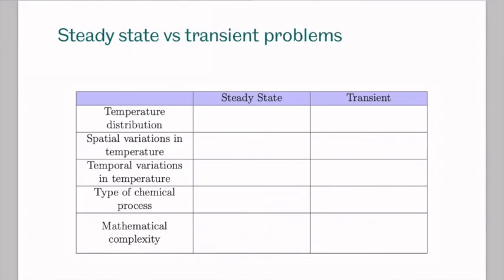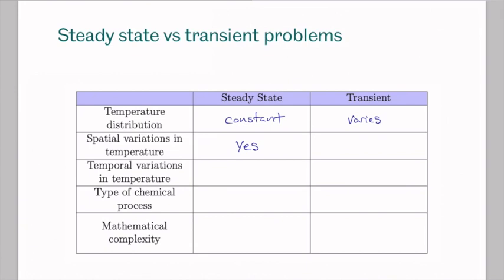Let's review what you already know about steady state and transient problems. At steady state, the temperature distribution, or the temperature profile, is constant. And for a transient problem, it varies. In a steady state problem, there are variations in the temperature profile, but they're always going to be spatial variations.